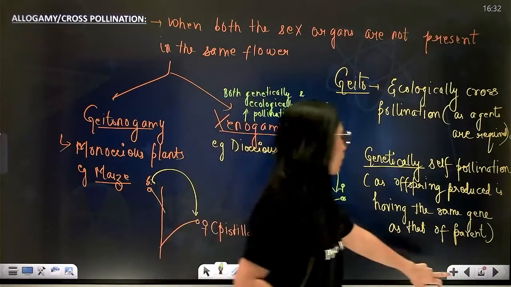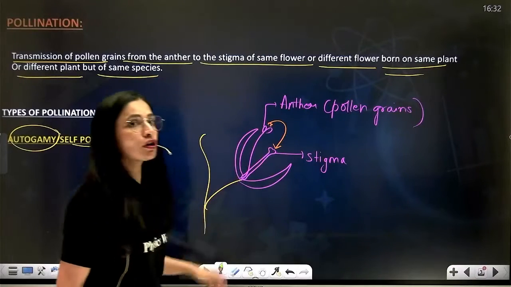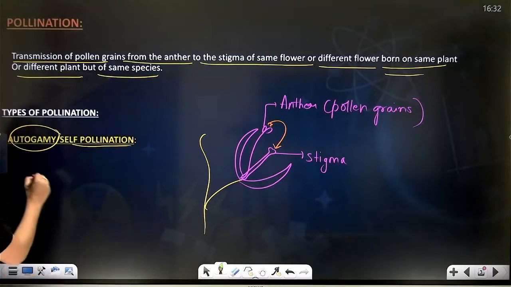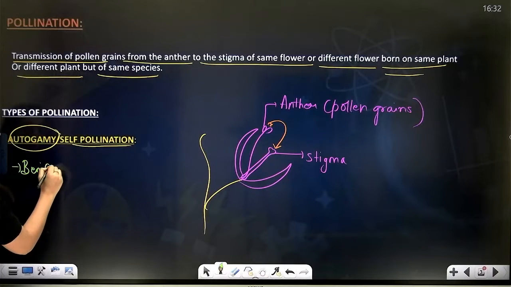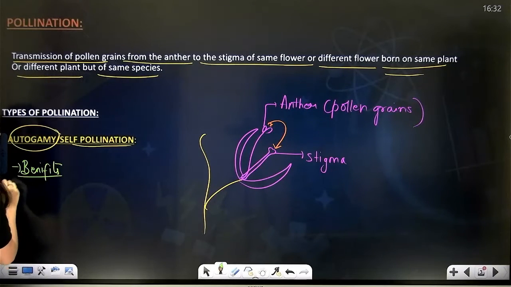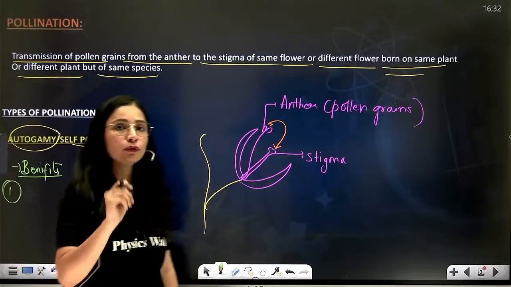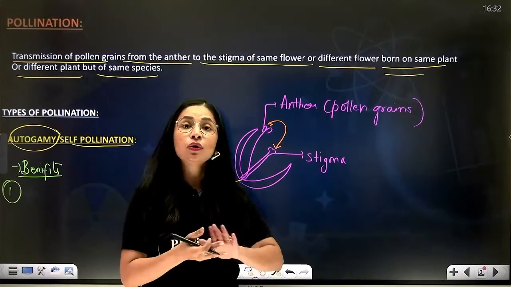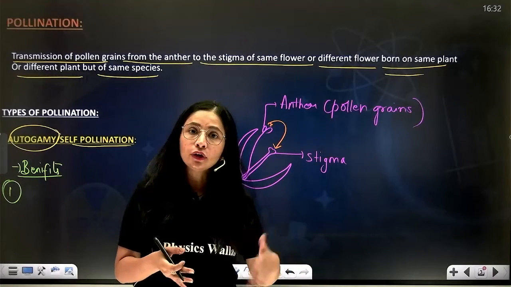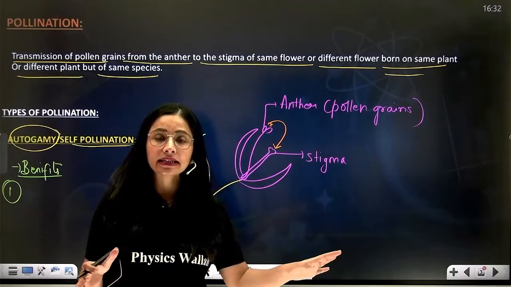So beta, if I talk about the benefits of self-pollination, now you know what is self-pollination? What are the benefits? The only two benefits of self-pollination are: number one, no agents are required. No wind, water, animal, insect are required.